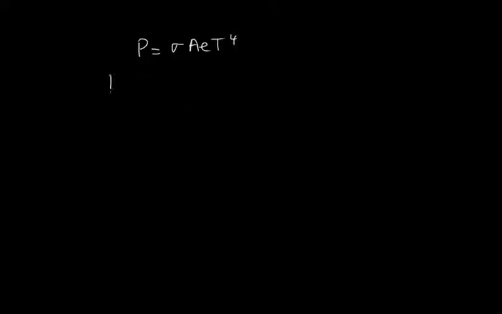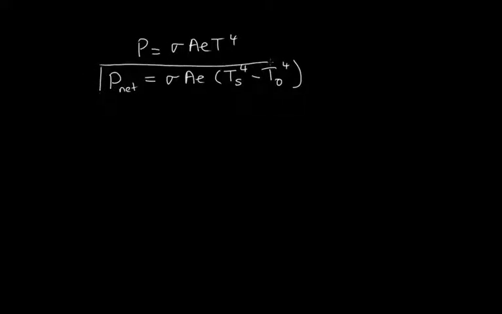If we want to get the net rate of heat flow from a body, we have sigma A E. Now the amount of energy it's gaining is given by the surrounding temperature to the power of 4, and then the amount of energy it's losing is given by the temperature of the object to the power of 4. So this equation here gives us the net flow of heat energy out of a body to its surroundings caused by this temperature difference.